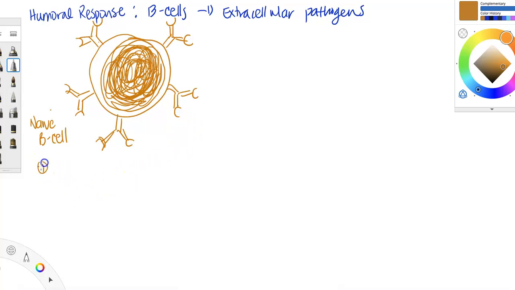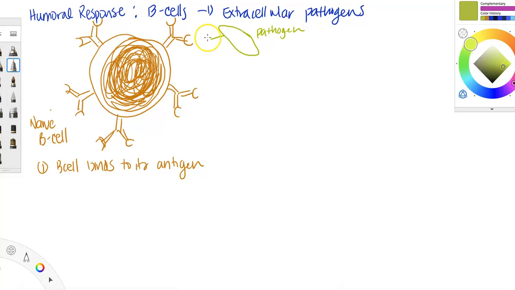So the first thing that happens is the B cell binds to its antigen. So let's say here's a little bacteria. Here's the pathogen, and pathogens have little markers on their cell membrane called antigens.